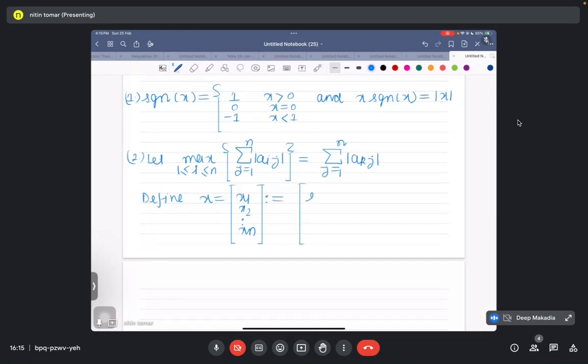Now let x1 be the sign of a_k1, x2 be the sign of a_k2, and so on up to the sign of a_kn. Do you get this function? What is x1? x1 is the sign of the a_k1 entry, which means the first entry of the kth row.